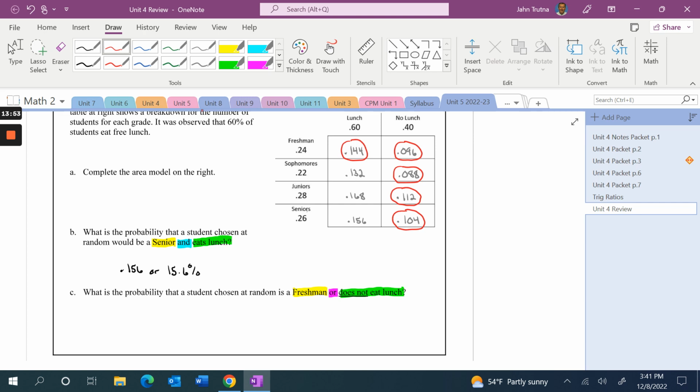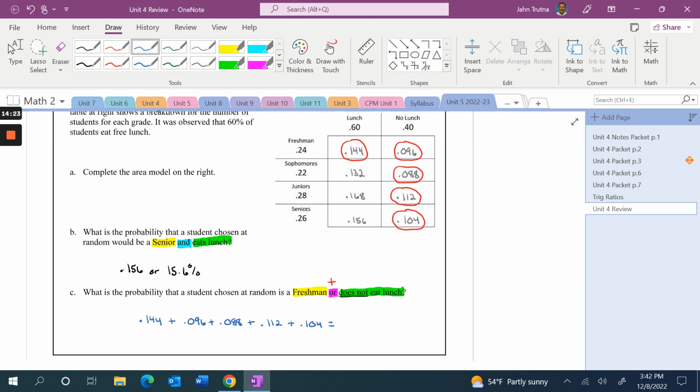So the word "or" when you do probability questions means you add. So you would add up all of these numbers together. You would take 0.144, add it with 0.096, add it with 0.088. Just be careful when you're adding these that you get the decimals in the right spot. 0.112, and you're adding that with 0.104.